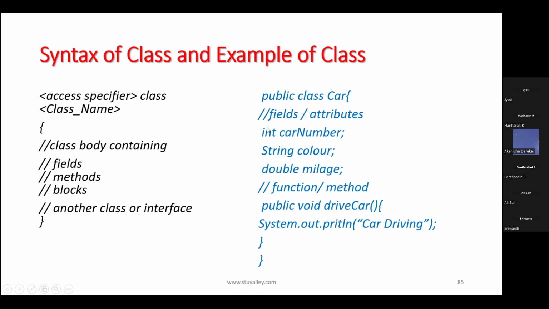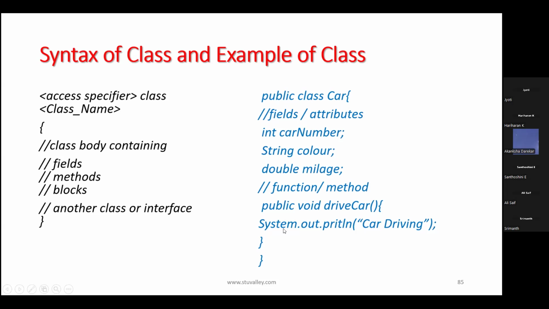This is an example. Here I have created one class named Car. We have to identify the attributes of a car. Attributes are also known as states, fields, and properties. So a car will have a car number, color, mileage, type, etc. All these are the properties of a car.